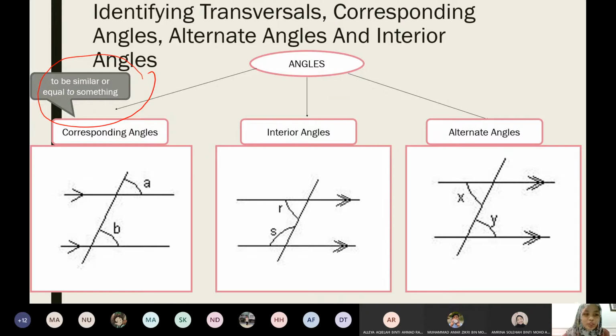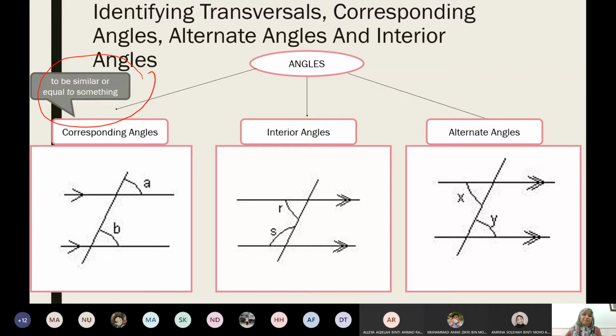So corresponding is to be similar or equals to something. So kat situ je kita dah dapat tahulah corresponding angle ialah angle yang almost similar, almost sama ataupun equal.